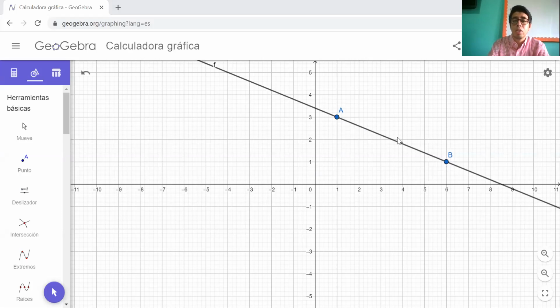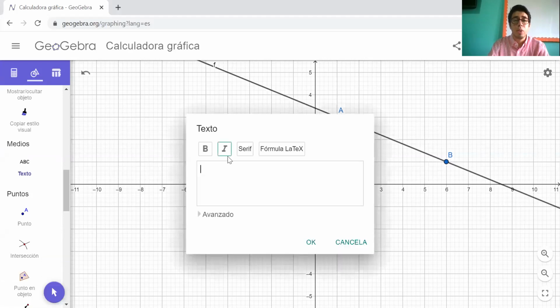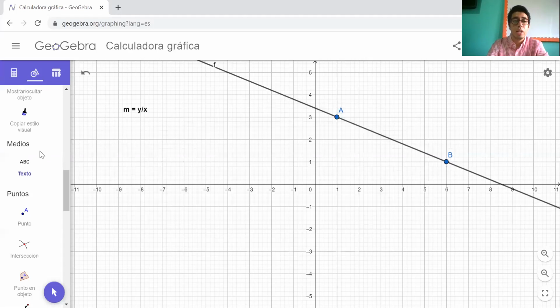Okay. So for example, for Y, I decrease 2 units. I want to have the text here. Okay. What is the formula? M equal change in Y over change in X, right? And I'm going to write this here. Okay. And now the change for Y is 2 units, but it's negative, so it's -2.